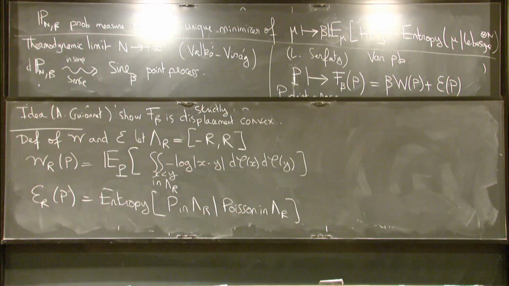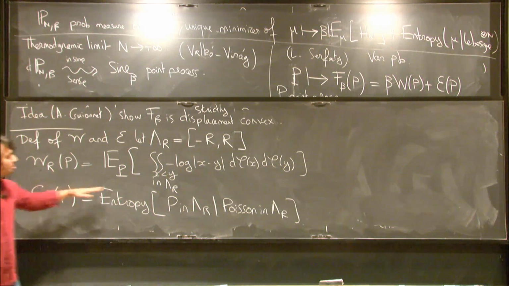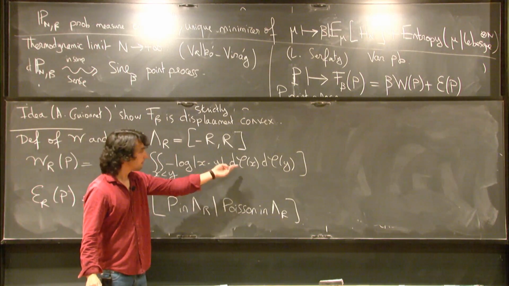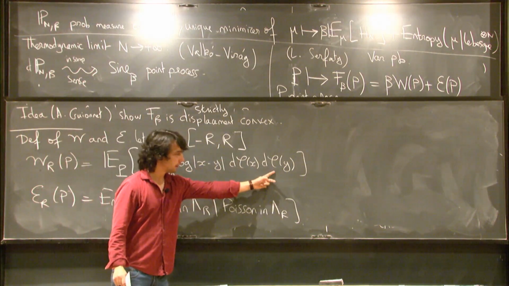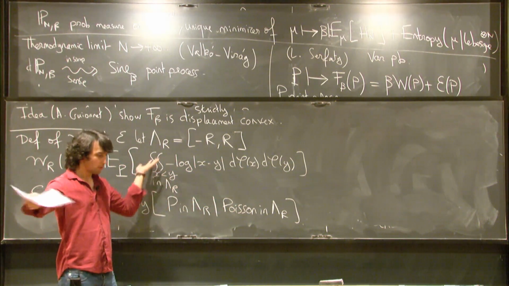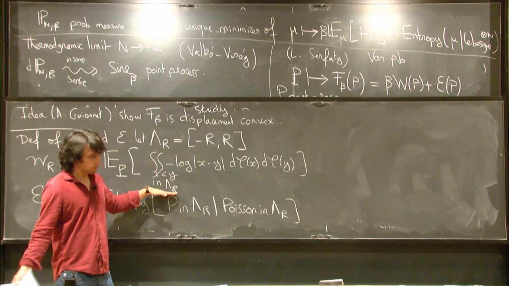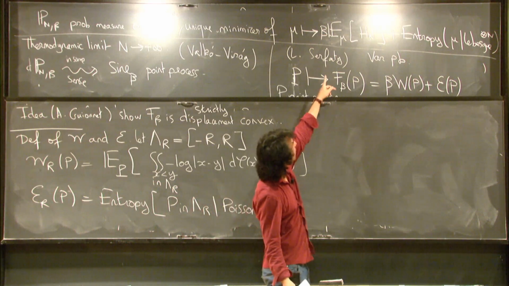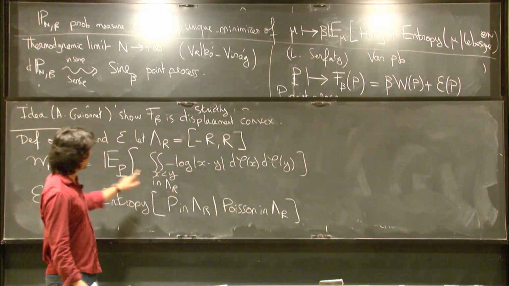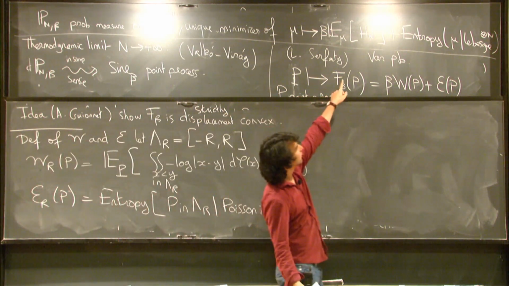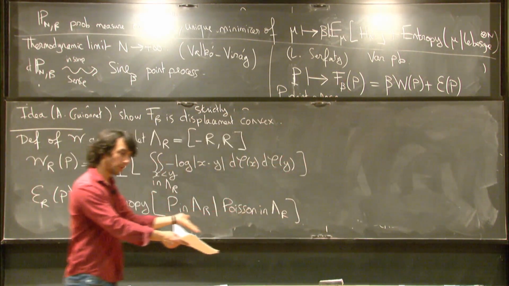So let's take a minute to discuss that. How do I compute WR of P? I take this big box, lambda R. I sample P, so I get a configuration C. So I get a bunch of points in lambda R in particular. I get a bunch of points on the whole real line. And I compute their logarithmic interaction. That's very much the same as here. It's the expectation under P of the logarithmic interaction of whatever you're observing.